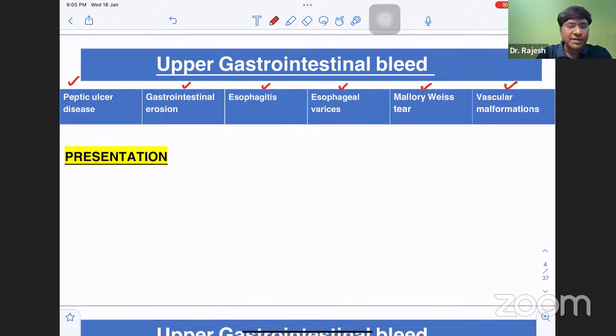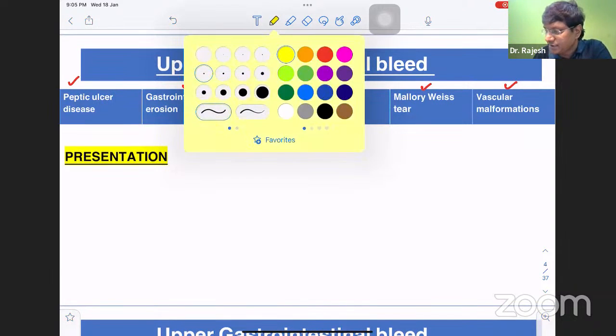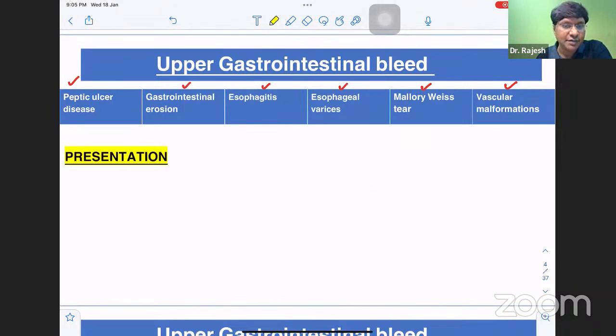But what will be the presentation and what is the most common among all these? See, the most common etiology among the ones I have shown you is peptic ulcer disease. It constitutes nearly 20 to 50% of cases of the upper gastrointestinal bleeding, right?